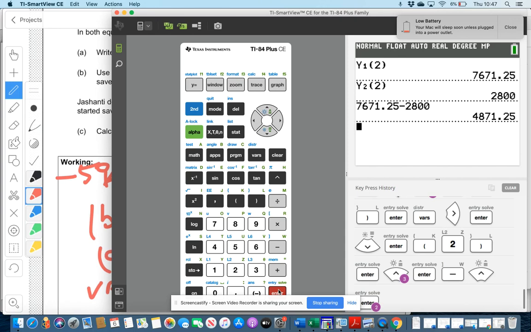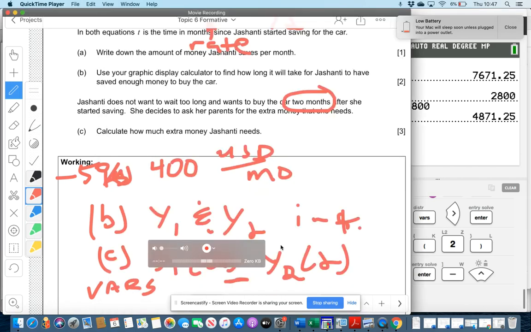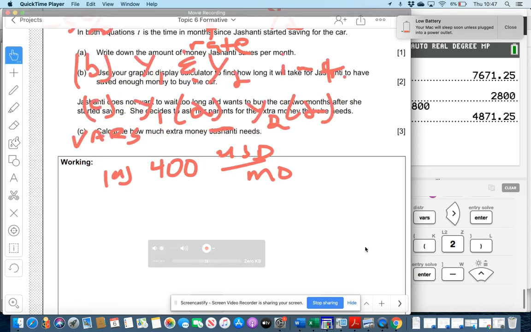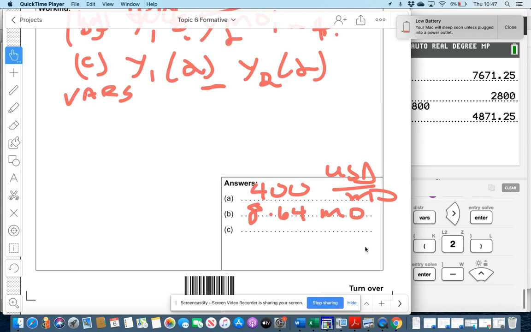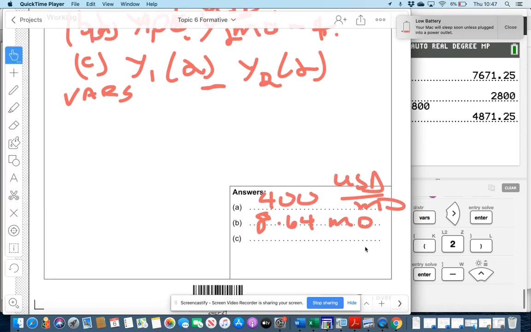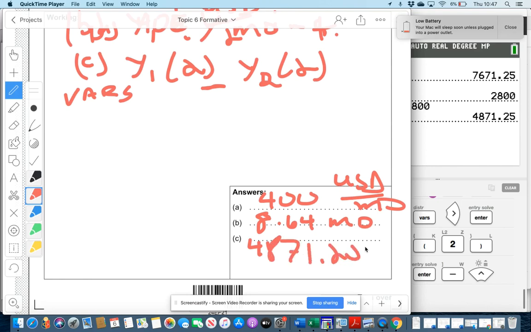Okay, so she needs 4,871.25 from her parents to buy the car. US dollars. All right, next.